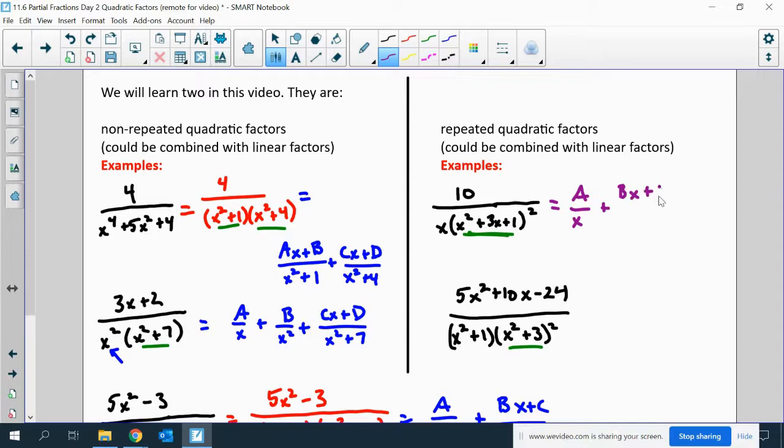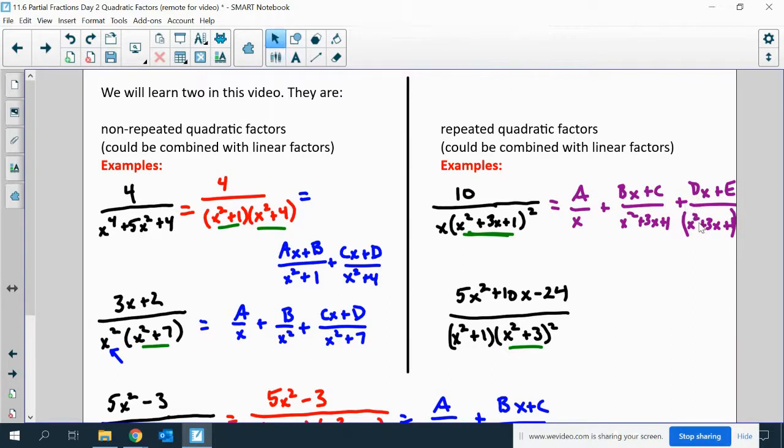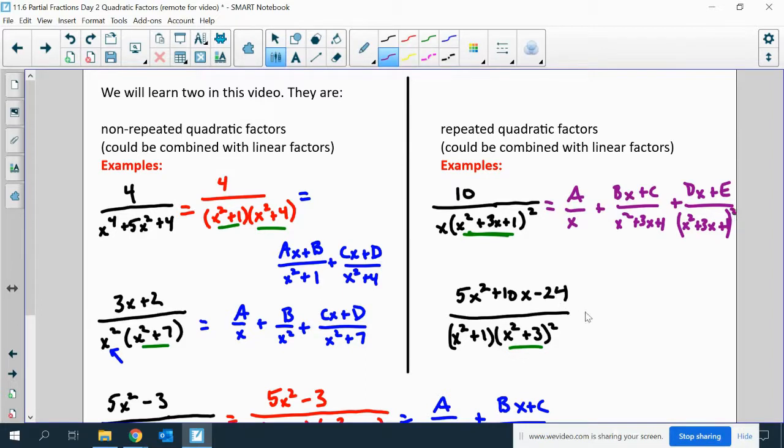So I have (Bx plus C) over (x squared plus 3x plus 1). And then I have to write it one more time, (Dx plus E) over (x squared plus 3x plus 1), the whole quantity squared. I know I ran out of room, but fortunately I can make room.